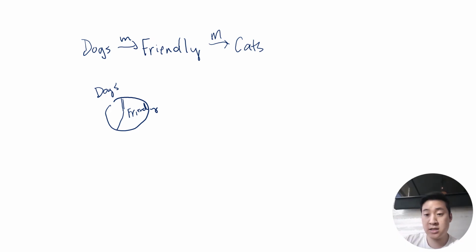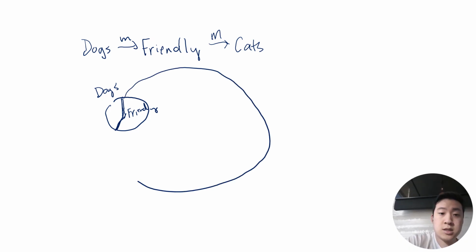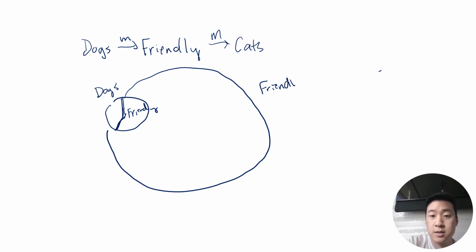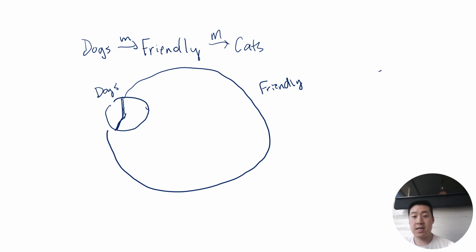There's friendly cats, there's friendly elephants, there's friendly humans. So this friendly category does not need to be restricted to this particular portion. It could easily surpass that. And this could be all of the friendly animals out there, right? And then again, if that's the case, we do not need the cats to also be dogs, right?